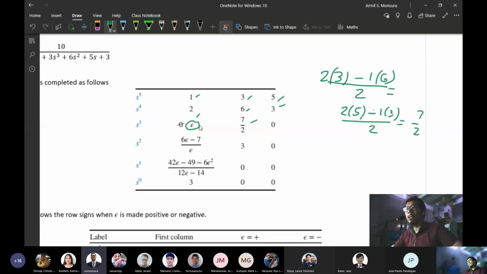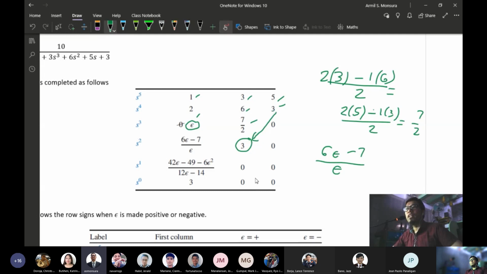So we will evaluate now ito as 6 epsilon minus 2 times 7 halves, so that is 7, divided by epsilon, okay, and then ito, again, this would be 3, again, this is 2 epsilon, tapos 3, tapos 0, so ito, pwede natin i-carry over dito.